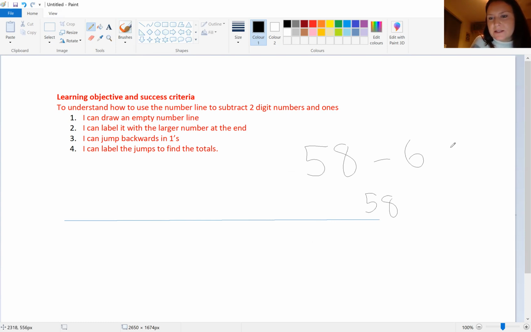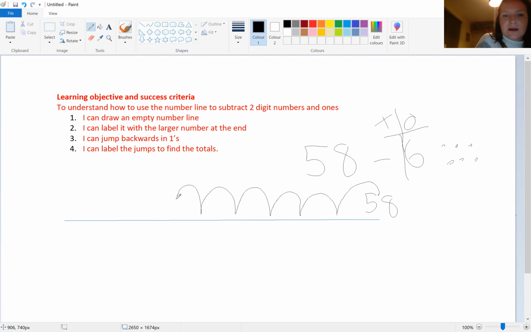I'm going to look at this number here and think about my tens and my ones. There are no 10s in the number 6. There are 6 1s. So that means I'm going to do 6 jumps of 1 backwards. 1, 2, 3, 4, 5, 6.